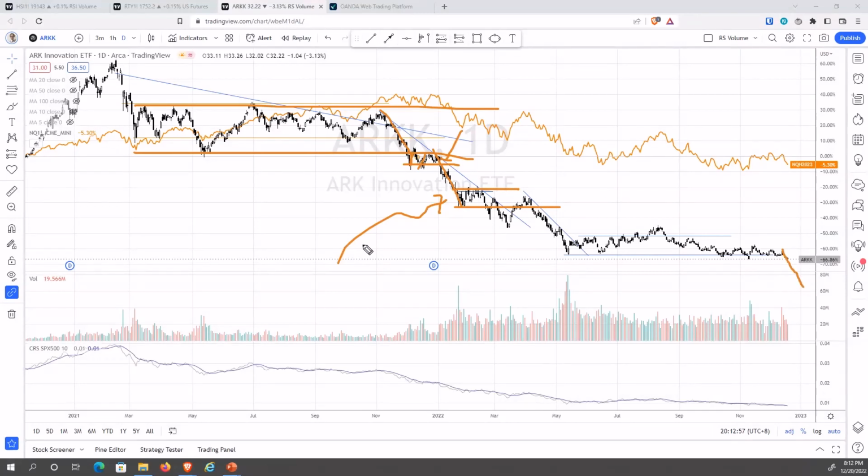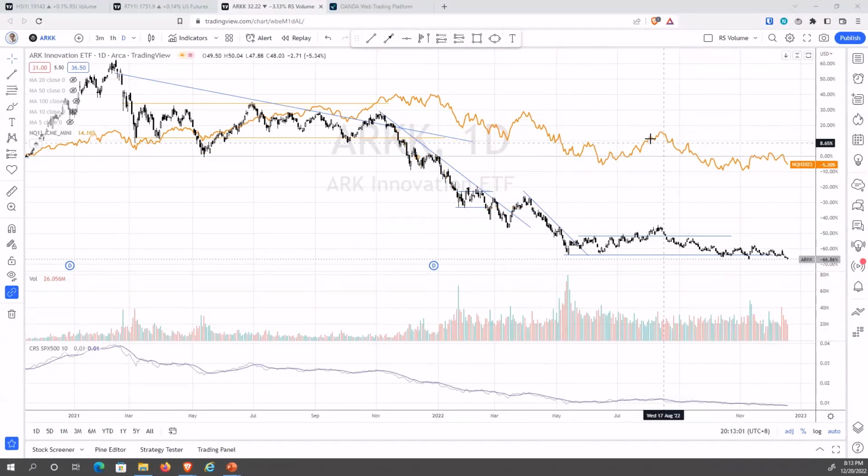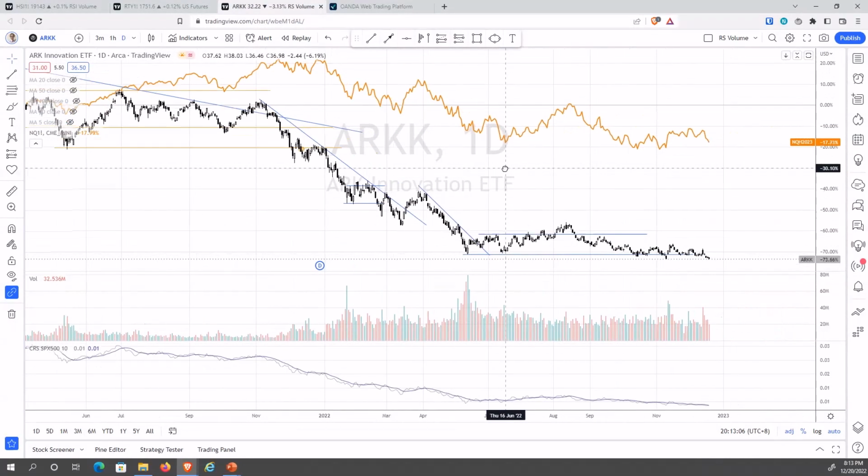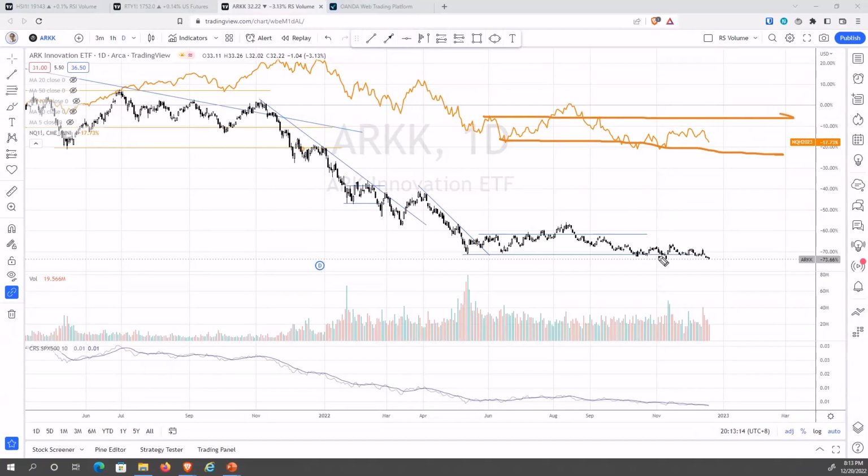All right, so back to the chart, when we compare Nasdaq 100. Where is Nasdaq? This orange line is the Nasdaq 100. Right now, although we get this breakdown in ARKK, Nasdaq 100 is still within a trading range. It just broke the first portion of the structure, although it's still within the trading range.